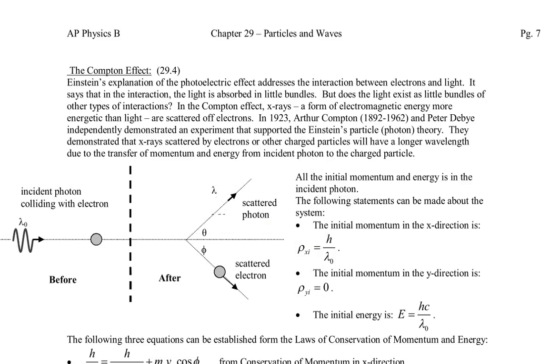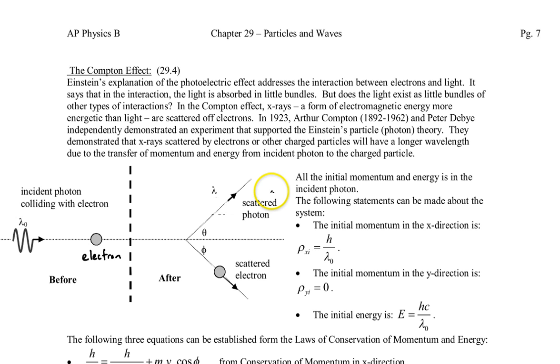Okay, let's now explain it using particle theory. In this experiment, the incident radiation is really an incident photon. This photon here collides with a stationary electron, which is at rest and is basically matter. The electron recoils off. It gets scattered, picking up some momentum and energy.